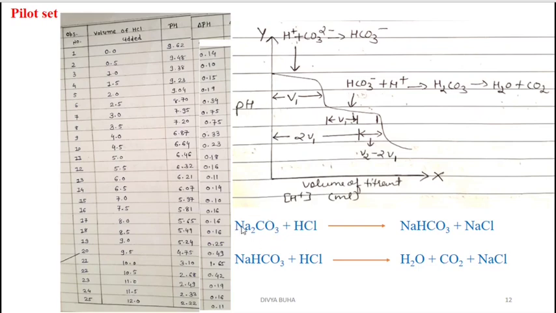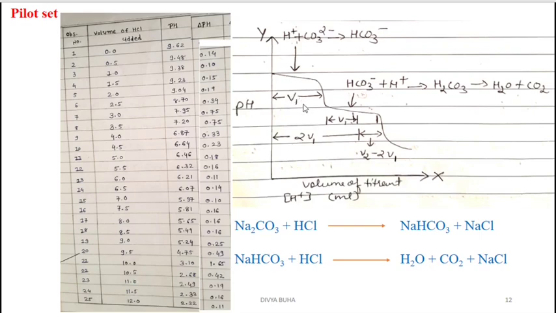Okay, so 2V1 would be the amount of the HCl which is required for the complete neutralization of Na2CO3, right? Because if V1 is the ml of the HCl which is required for the half neutralization, then V1 into 2.